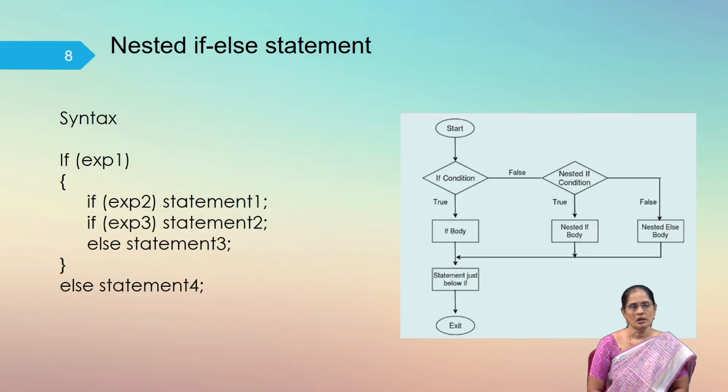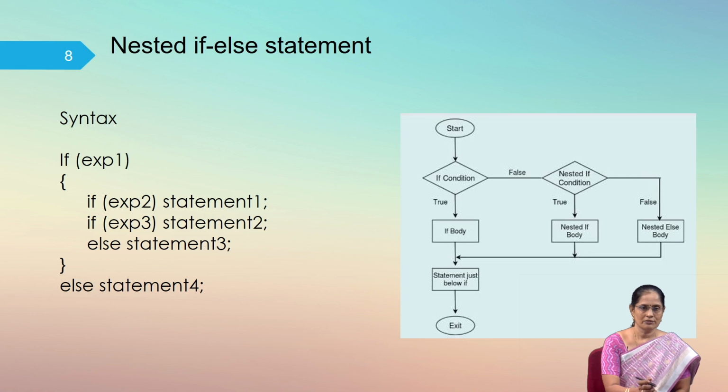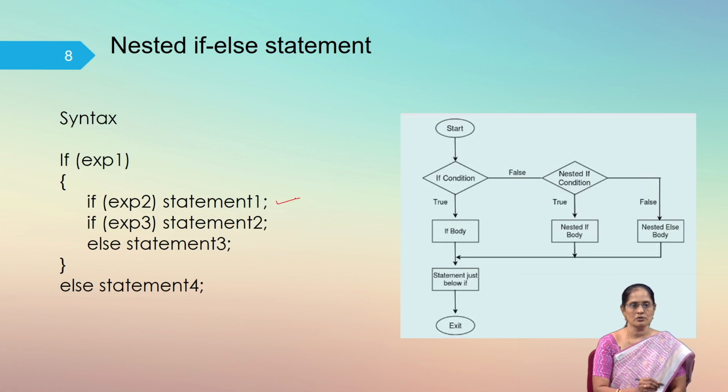Now, coming to the syntax part. On the left hand side you can see the syntax for a nested if else statement, wherein the if statement has one condition, that is, if the condition is true, it executes statement 1.